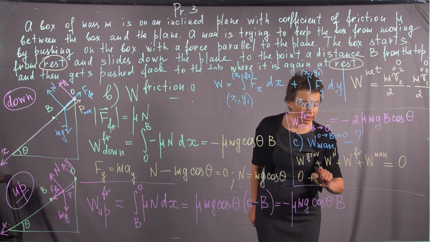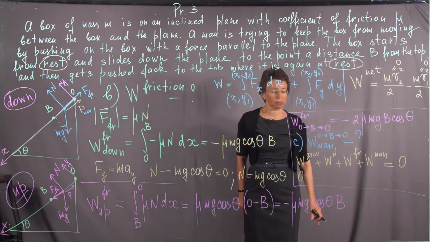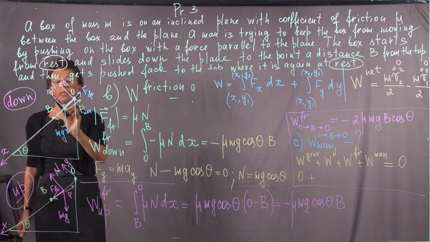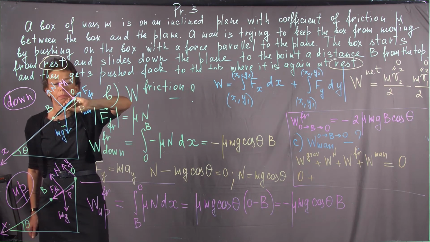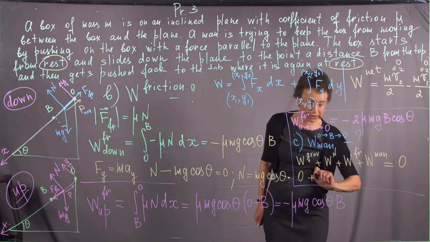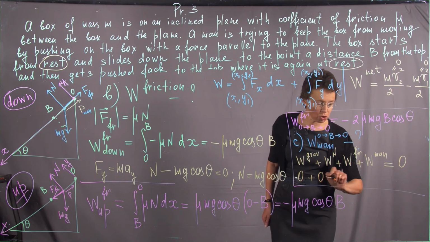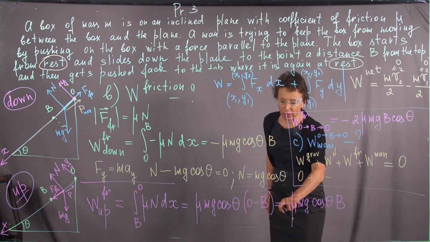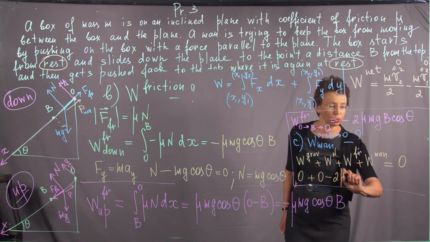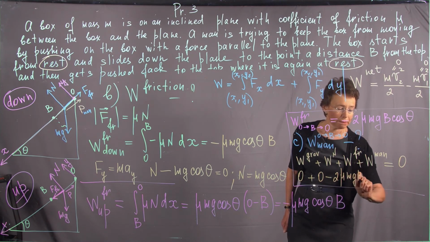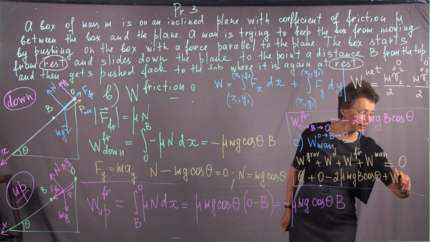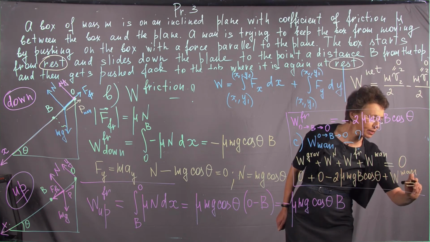What is work done by the normal force for the round trip? It is 0, because the normal force is perpendicular to the displacement. Then work done by friction for the round trip is minus twice mu mg b cosine theta, plus work done by the man, and this is equal to 0.